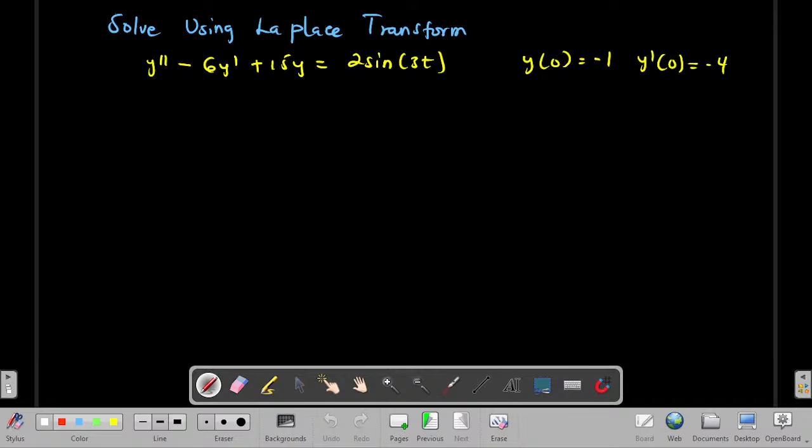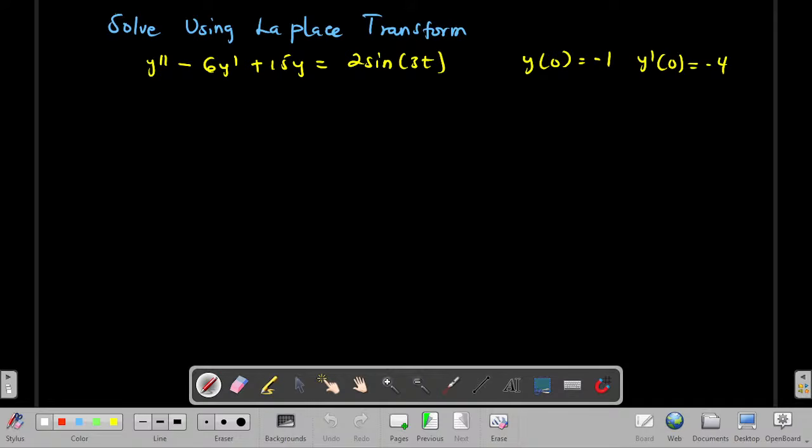Given the initial conditions here, y of 0 is -1, then y prime of 0 is -4. So how do we solve this problem?